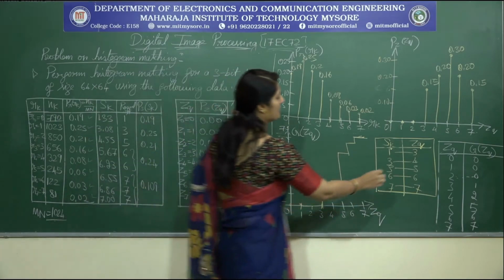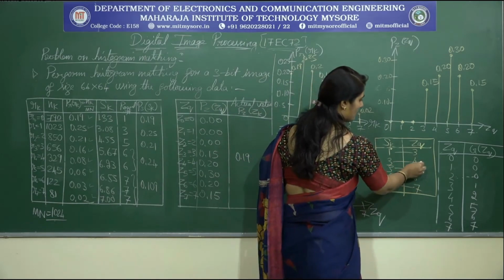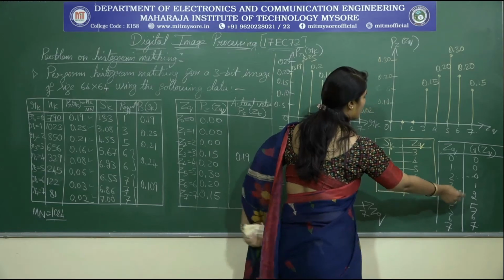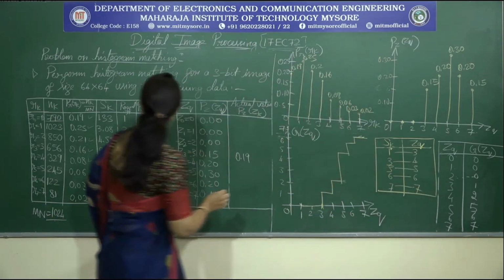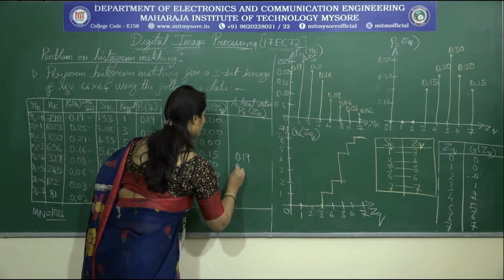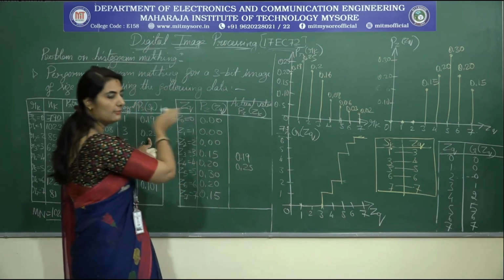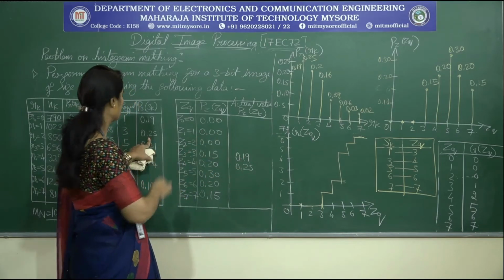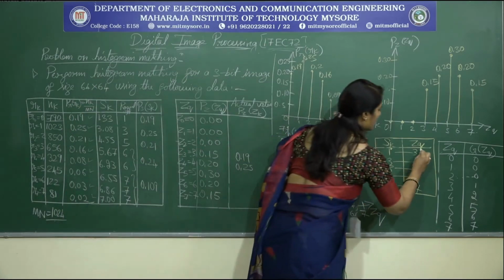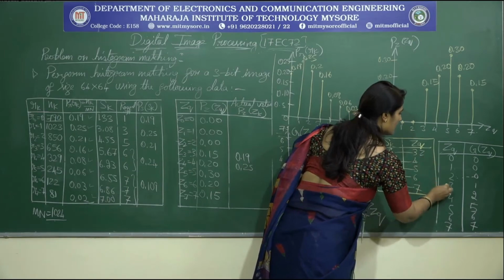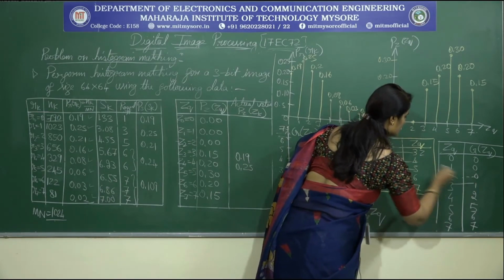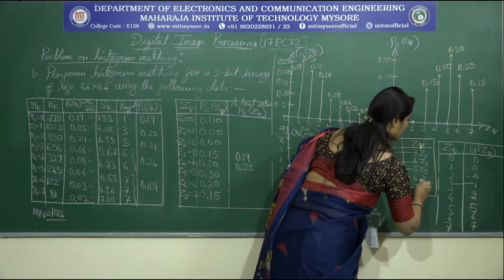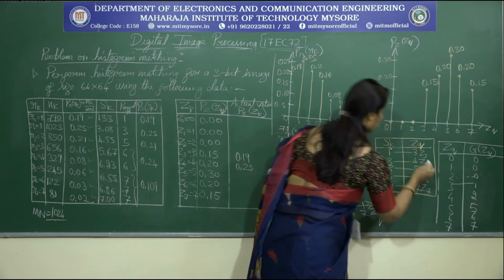Okay. And for z4, it is 2. For z4, from this it is 0.25. I am just performing inverse mapping from zq to sk. Okay. So here this is z3, this is z4, z5, z6, z7.